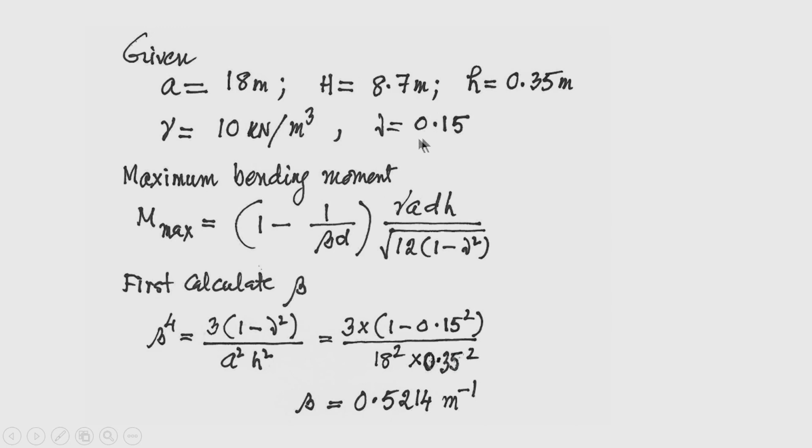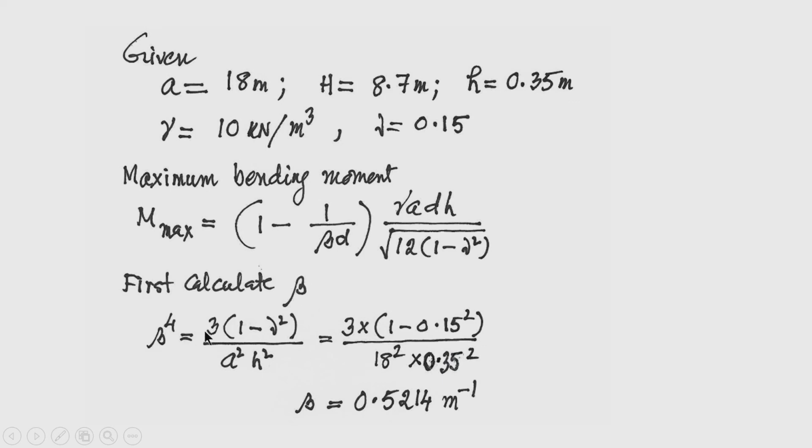With this given data, I use the expression for maximum bending moment, M max equal to (1 minus 1 by beta d) into gamma a d h divided by root over 12(1 minus mu square). First let us calculate beta.